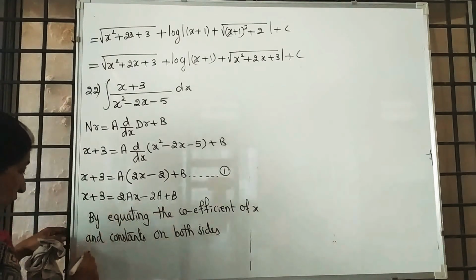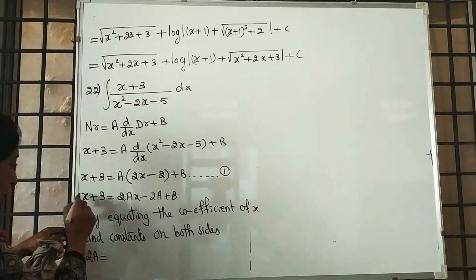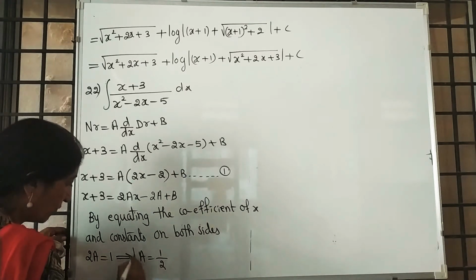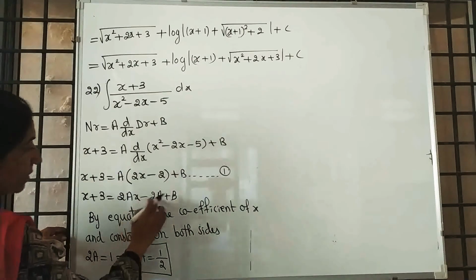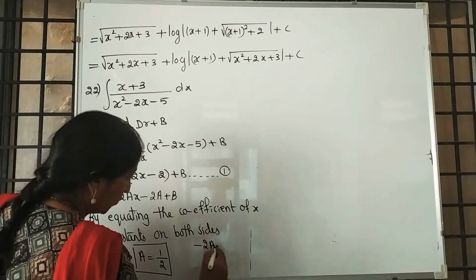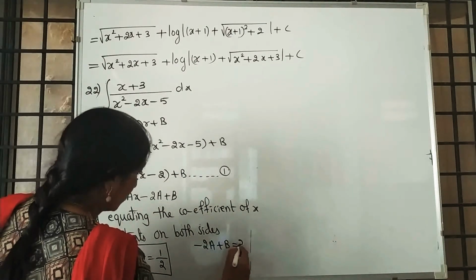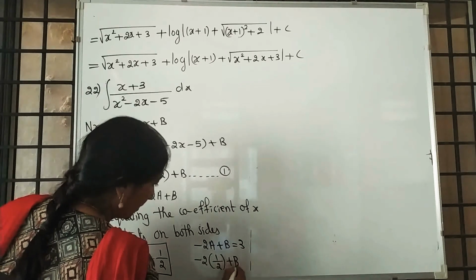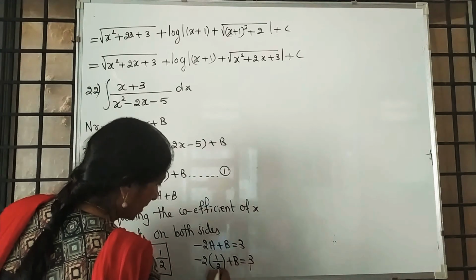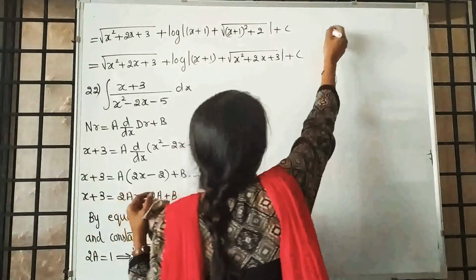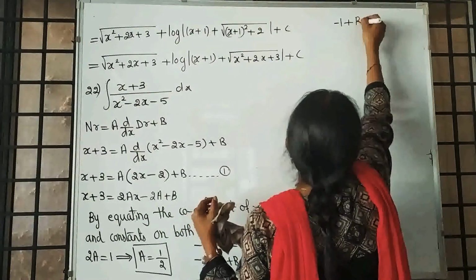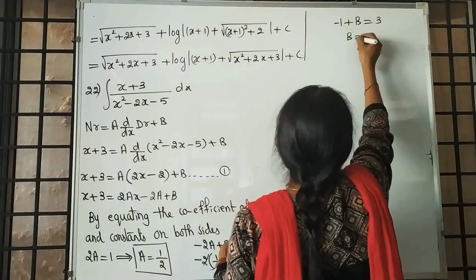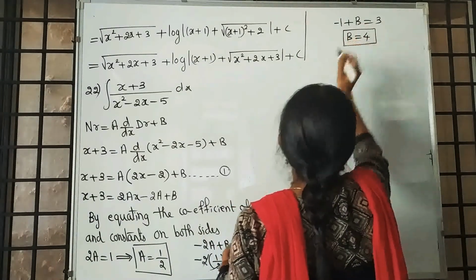Here coefficient of x is 2a, here coefficient of x is 1. So a is equal to 1 by 2. Next, the term without x, minus 2a plus b is equal to 3. Minus 2, a value is 1 by 2, plus b is equal to 3. 2 get cancels. Minus 1 plus b is equal to 3. What is b then? b is equal to 4.